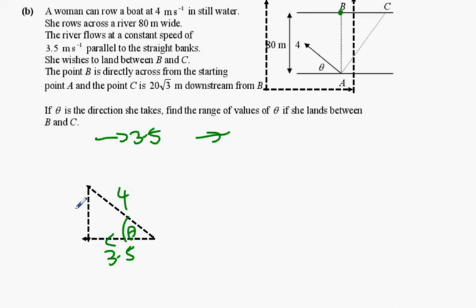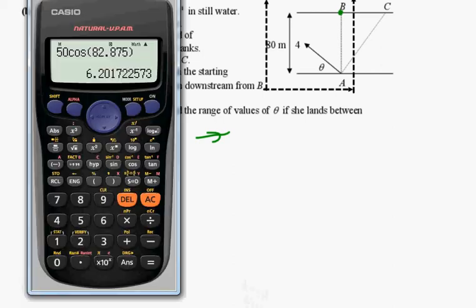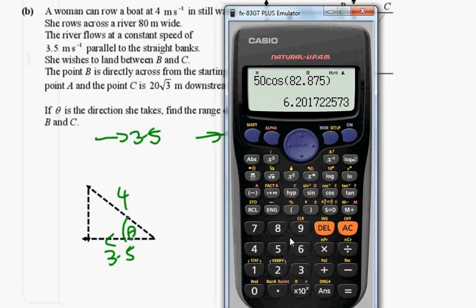What does that leave for your opposite? What can we do there? We can do 4 squared minus 3.5 squared. Root the answer. Answer: root 15 over 2, otherwise known as 1.396.